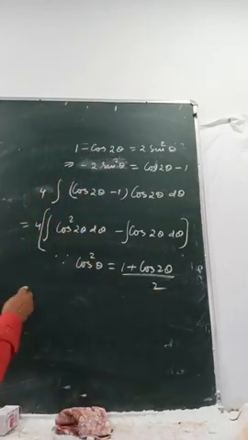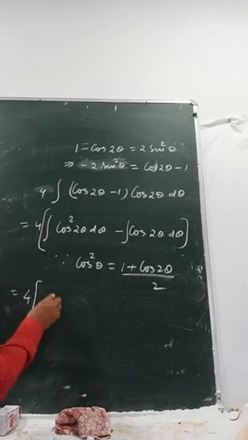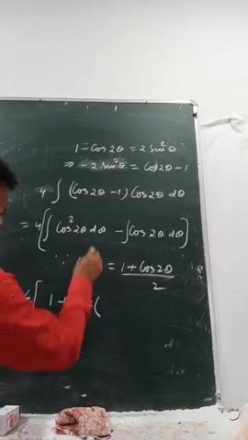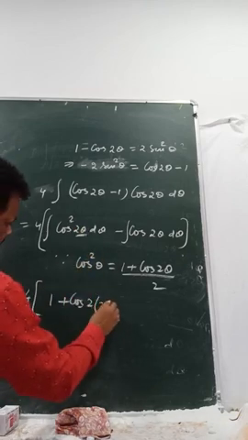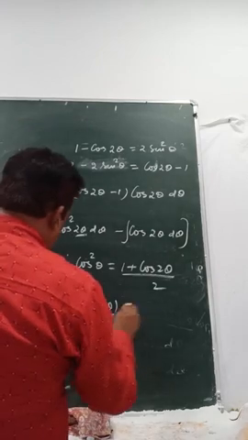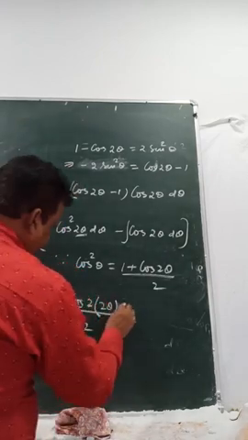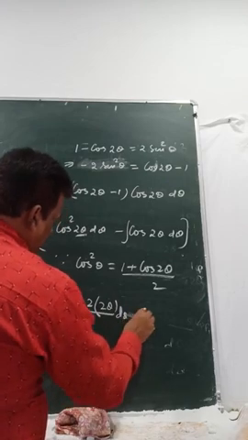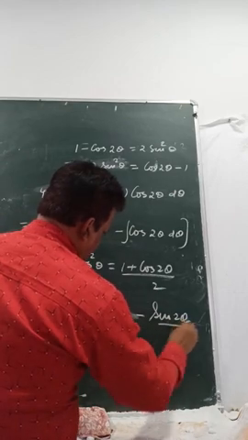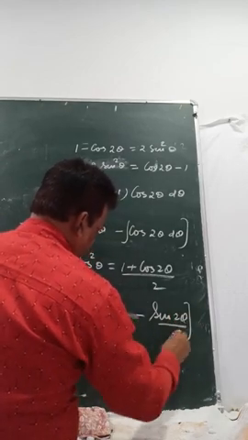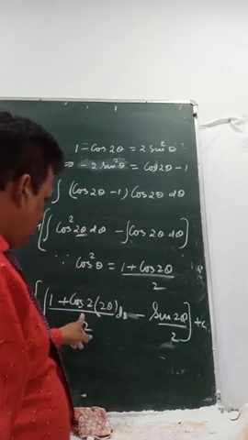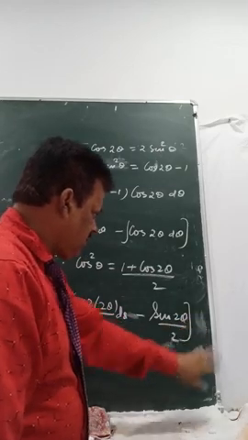So that will be 4 times 1 plus cos 2 theta by 2, the integral of which is theta here, minus the integral of cos 2 theta, which is sin 2 theta divided by 2, plus a constant. Okay, our work is not yet complete. We can write it at the last.